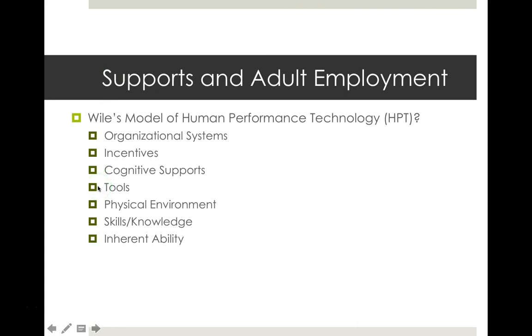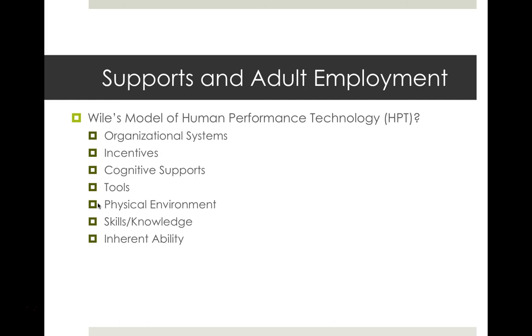So this could be an augmentative communication device, a calendar system, wheelchair, canes, any type of physical tool. Changes in the physical environment could be providing an individual with fewer distractions, or lowering filing cabinets, or reorganizing the individual's physical environment to best meet their support needs so they can be successful at work.